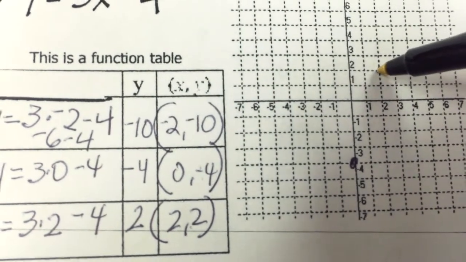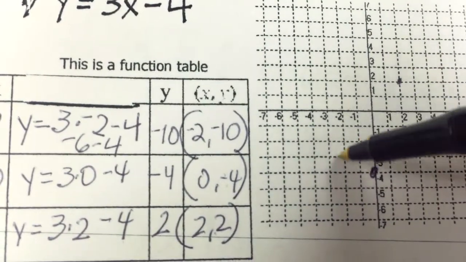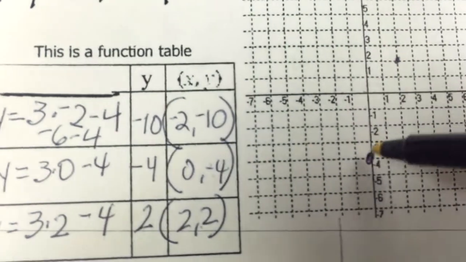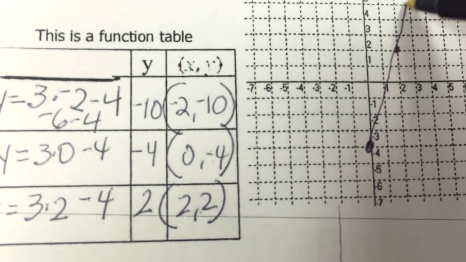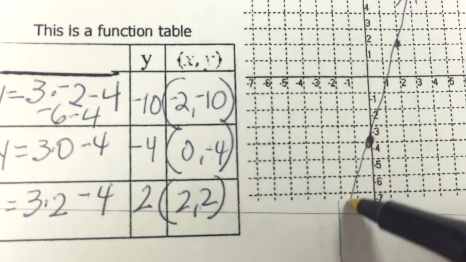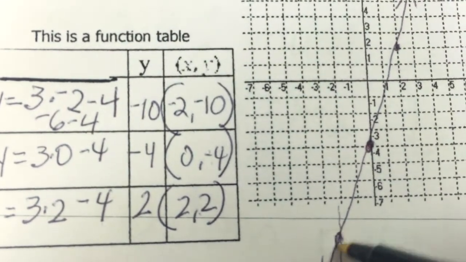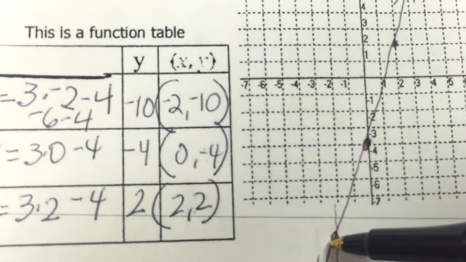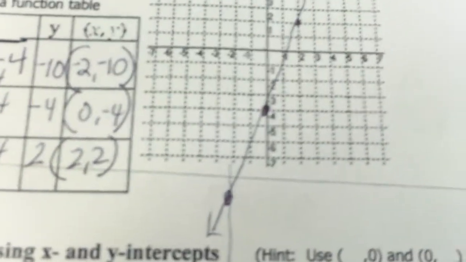Now my other point is -2, -10. So it's going to be down here somewhere. Well, if I connect these first 2 points and keep going, even though it's off the graph, I can see that my third point is down here. And I think I could pretty safely say that looks like -2, -10. Can't you? I'm good with that.